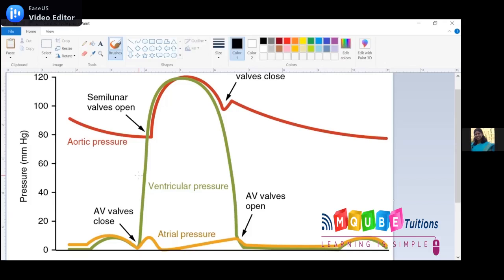The atrium always receives the blood, through what valves? Actually, it receives it through the vena cavas, the inlets. The inlet of the heart does not have any valve. It is an automatic process where the blood keeps going inside the atrium.